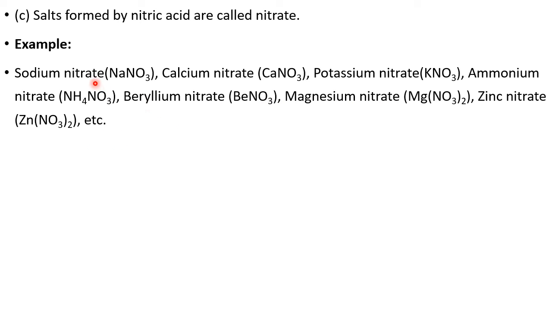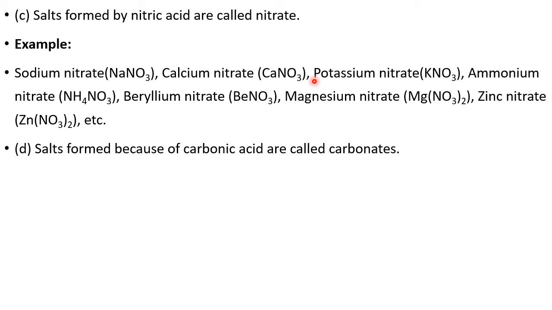Sodium nitrate is formed from the nitric acid with NaOH. Zinc nitrate is formed from the nitric acid with zinc hydroxide. So this part is fixed. NO3, NO3, NO3, NO3, because all these are formed by taking nitric acid with different bases.